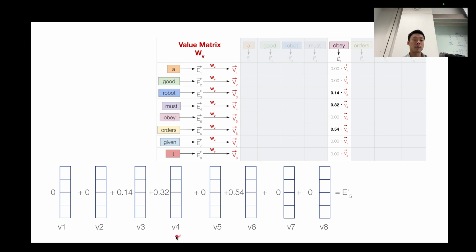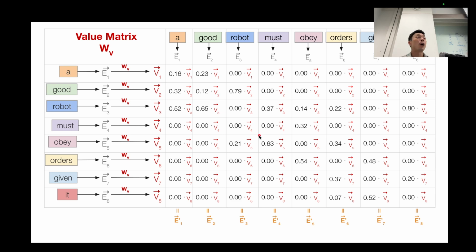And once again, we do that for all of the words because we want a new embedding for all the words in the sentence. So at the end, you get e prime sub 1, e prime sub 2, e prime sub 3. These are new embeddings that are highly contextualized because they already pay attention to different words, the right amount, so the model should do really well in figuring out the relationships between words.